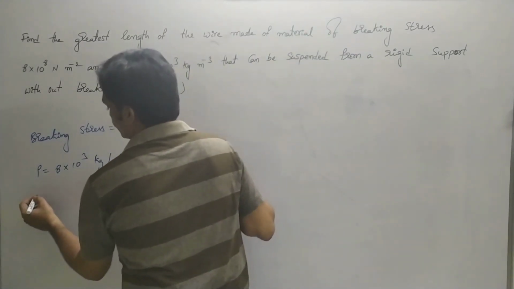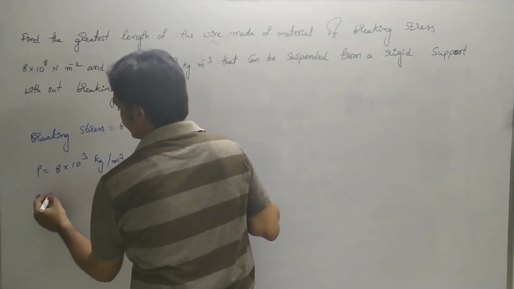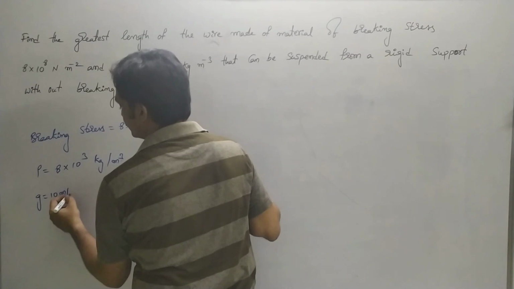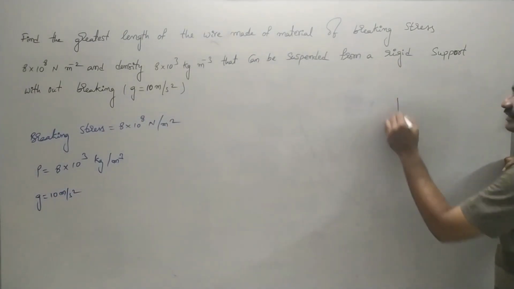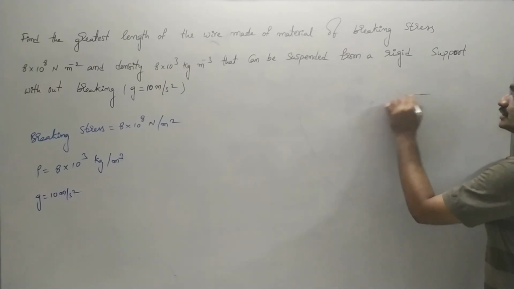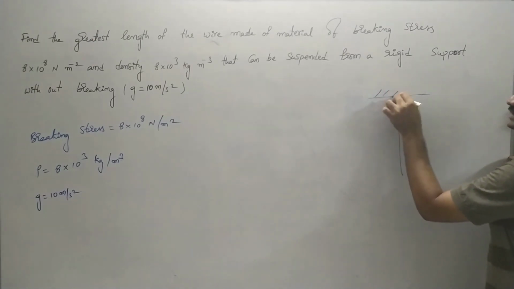So here the value of g is given as g is equal to 10 meter per second square. A wire has been given which is being attached to a rigid support like this.